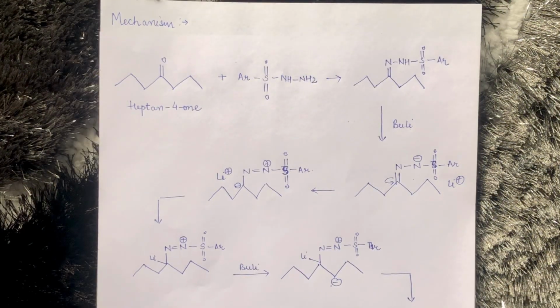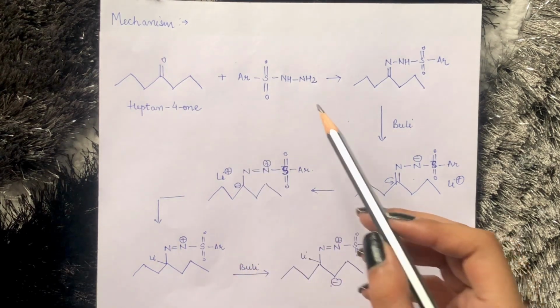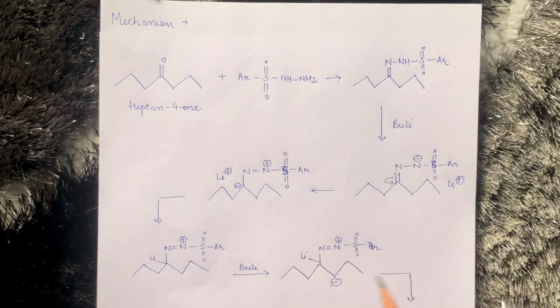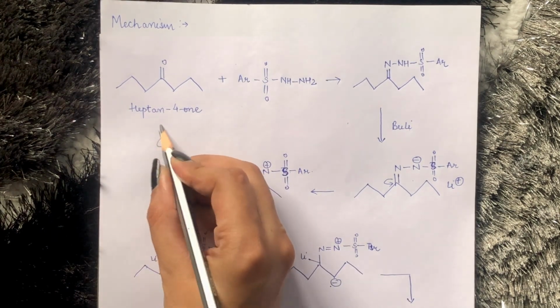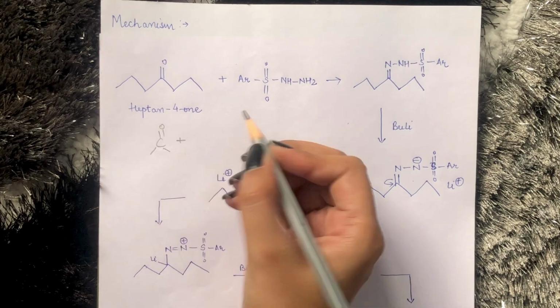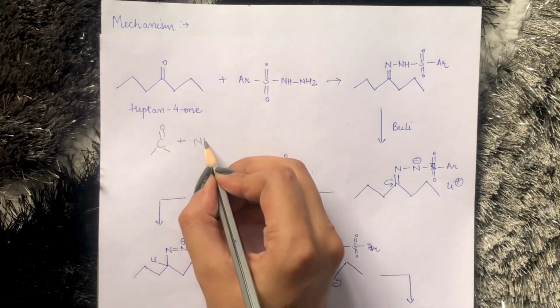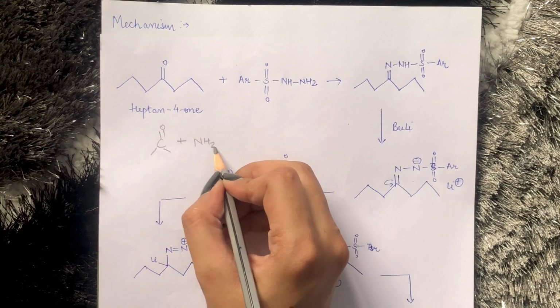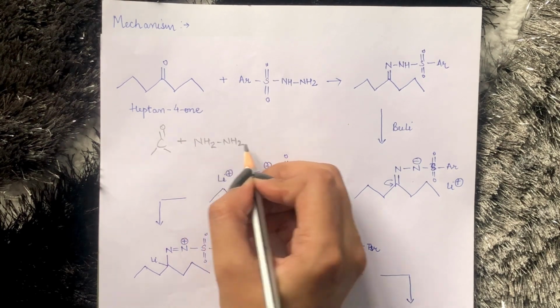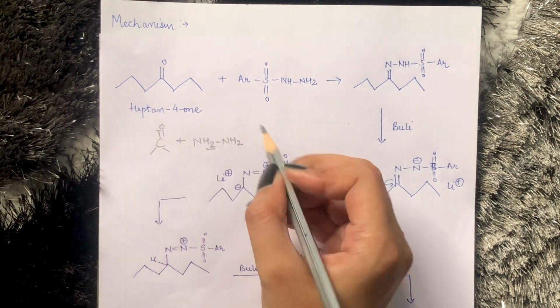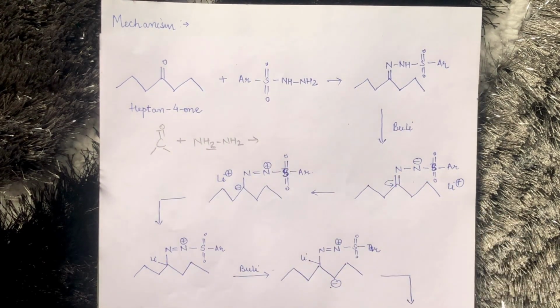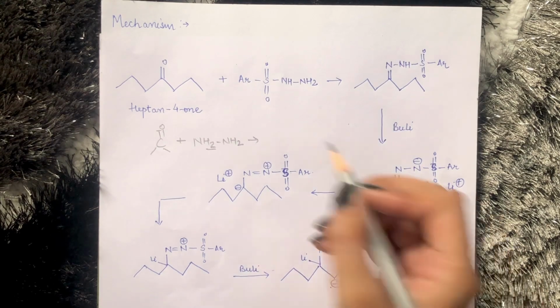Let's have a look at the reaction mechanism. Heptane-4-one reacts with arene sulfonyl hydrazide. In our previous classes, we have learned how the carbonyl group reacts with hydrazine compounds. Carbonyl plus hydrazine: the reaction takes place with the removal of a water molecule, resulting in the formation of hydrazone intermediate.